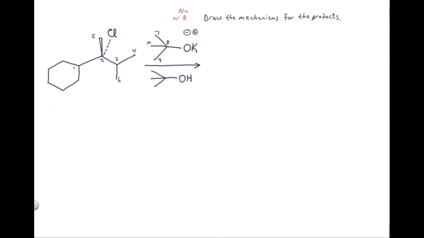Neutral chlorine is a good leaving group, which means that carbon 2 is our alpha carbon. And so we see that we have a tertiary alpha carbon because carbon 2 is attached to 3 carbon chains, carbon 1, carbon 3, and carbon 5. Now we choose a mechanism using our table.